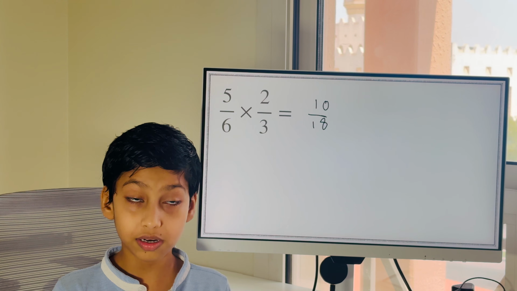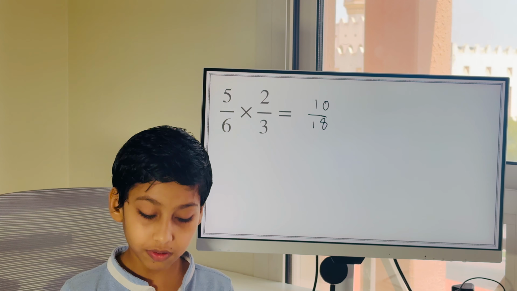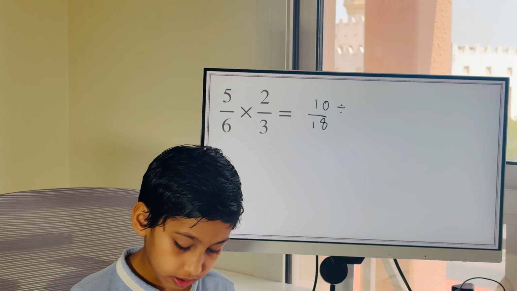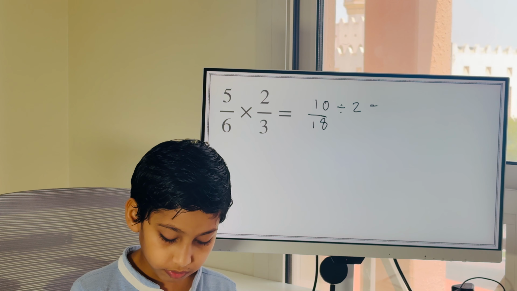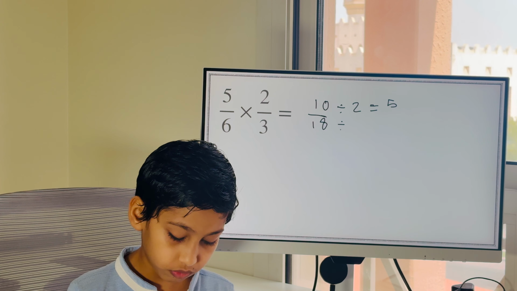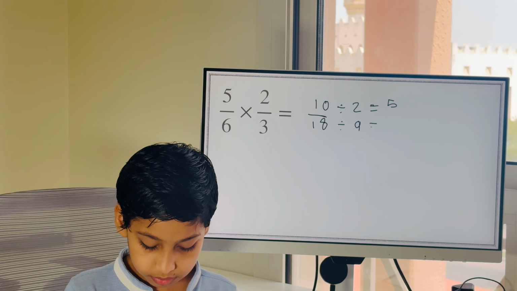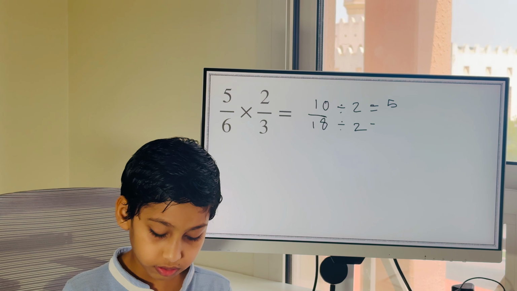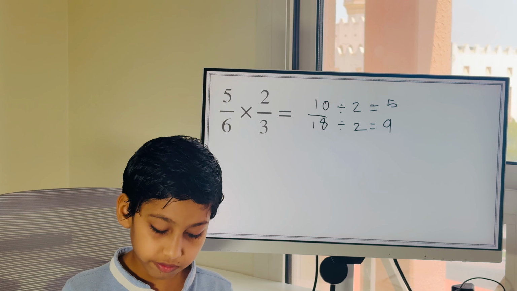Like that means if you divide 10 by 2, it's gonna be equal to 5, and there will be no remainder. And if you divide 18 by 2, it's gonna be equal to 9, and there would be no remainder.